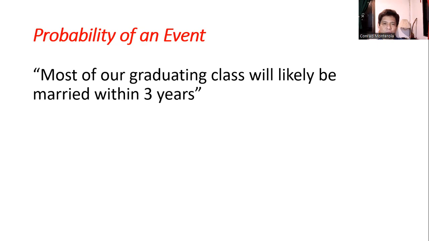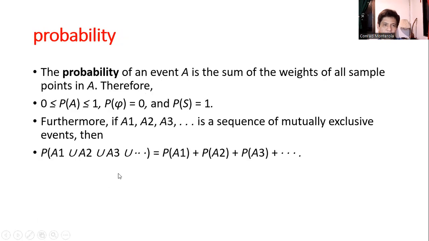Okay, so with this, let me introduce some of the theories in probability. First, let's define probability. The probability of an event A is the sum of the weights of all sample points in A. Therefore, the value of probability is from 0 to 1.